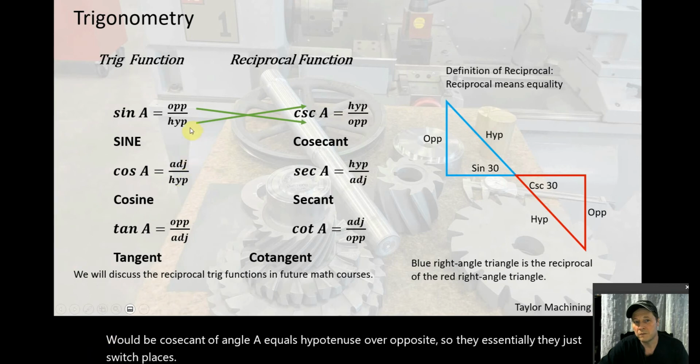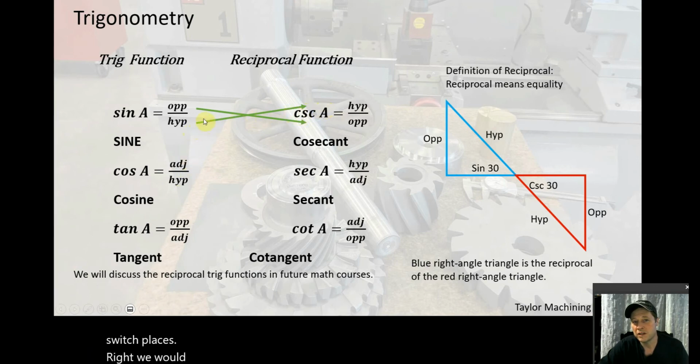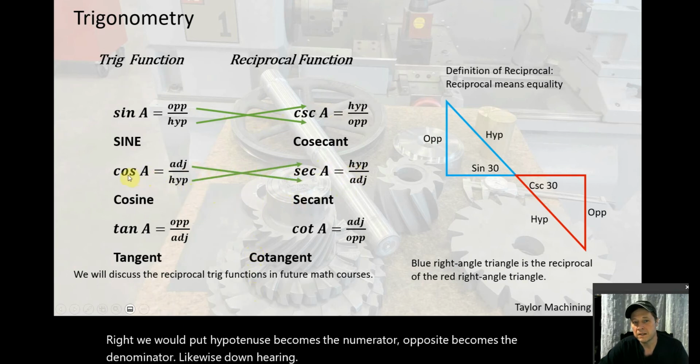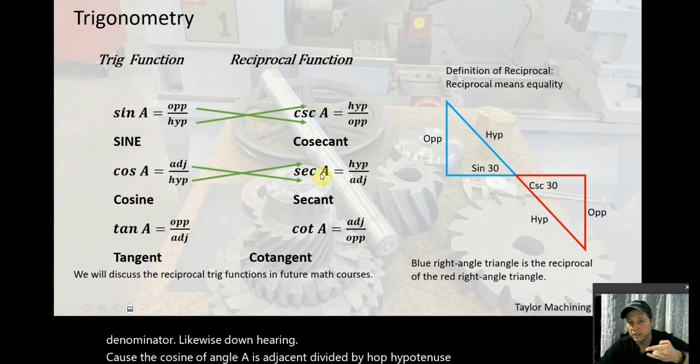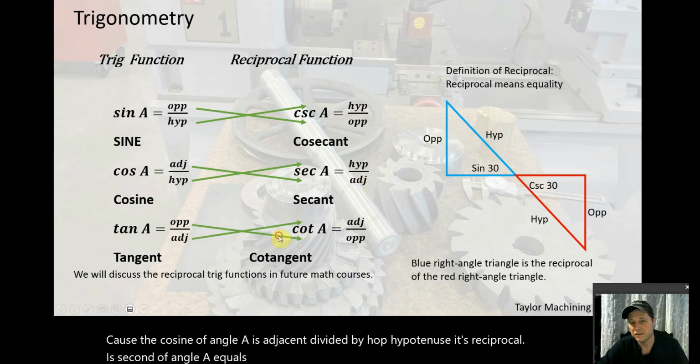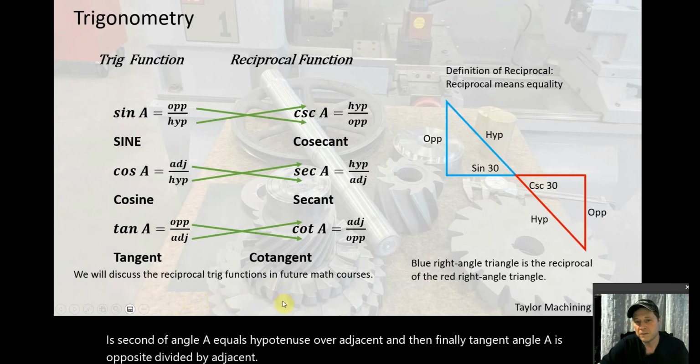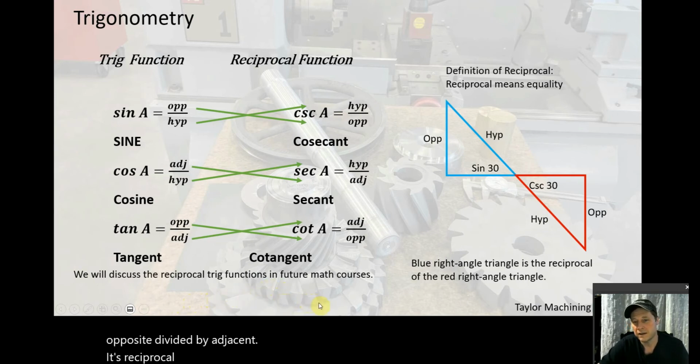Hypotenuse becomes the numerator, opposite becomes the denominator. Likewise, cosine of angle A is adjacent divided by hypotenuse. Its reciprocal is secant of angle A equals hypotenuse over adjacent. And finally, tangent of angle A is opposite divided by adjacent. Its reciprocal is cotangent of angle A, adjacent over opposite.